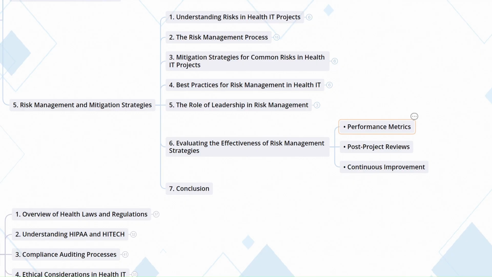This includes establishing key performance indicators, also referred to as KPIs, related to risk management, such as the number of risks identified, the response time to risks, and the success rate of mitigation actions. Monitoring these metrics helps gauge the effectiveness of risk strategies.